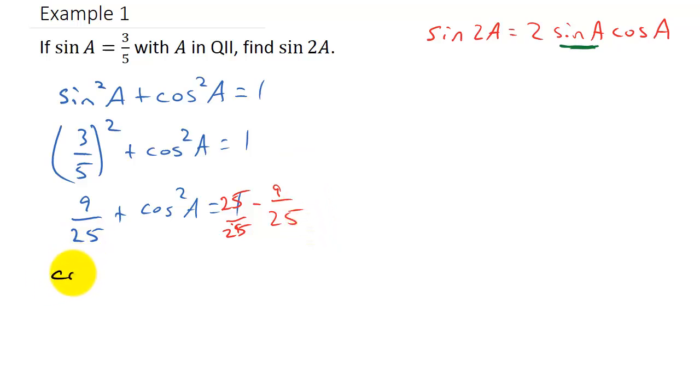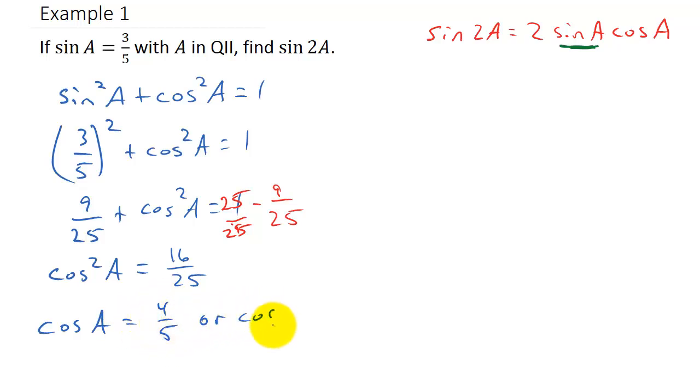So I get cosine squared A is equal to 16 over 25. That gives me cosine A, using the square root property, is equal to 4/5 or cosine A is equal to negative 4/5.